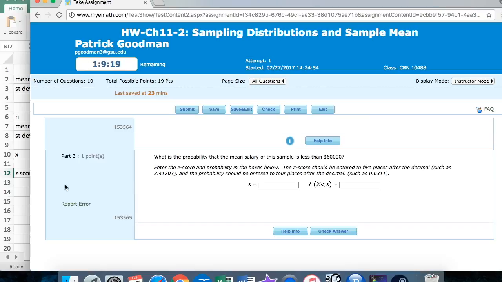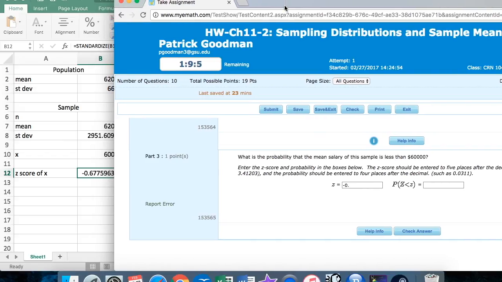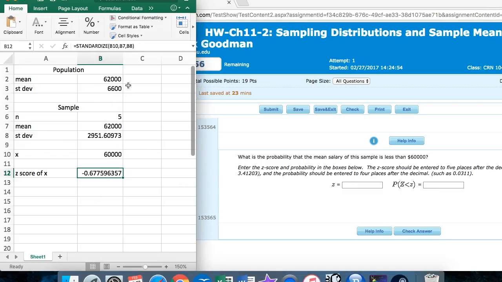So this should be our z-score. So negative, and it wants it to 5 decimal places. So it would be 67759. Oh, nope, it goes up by 1. So it'd be 1, 2, 3, 4, 5. You know what? Let's just make Excel do it for us. There's too much here.